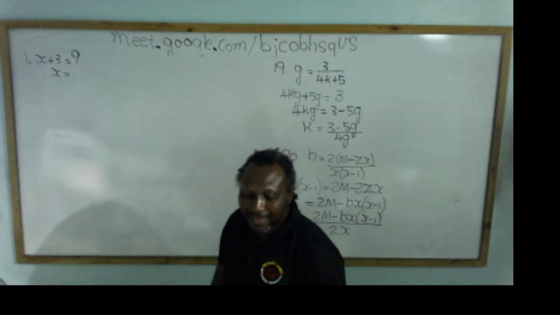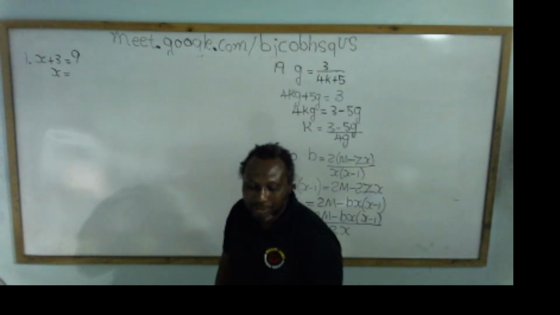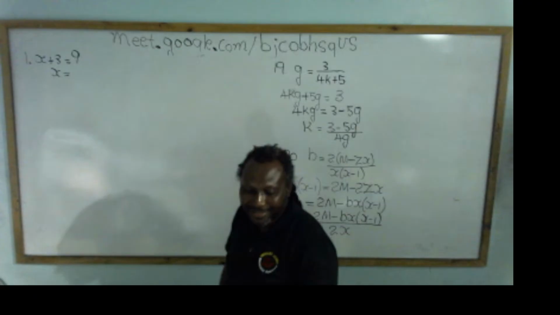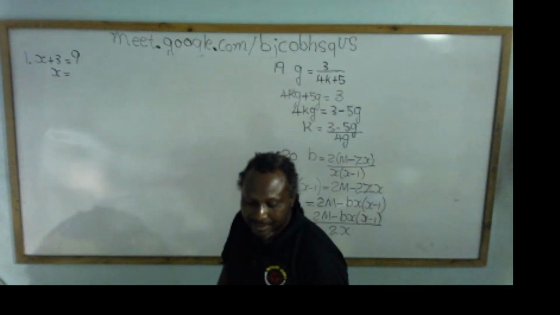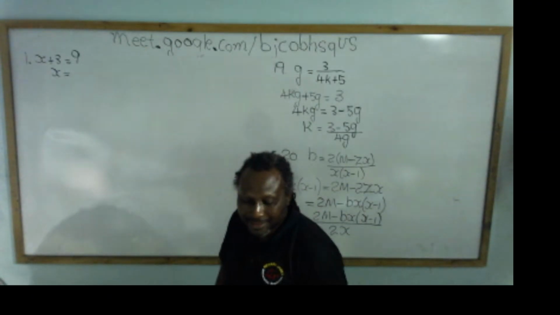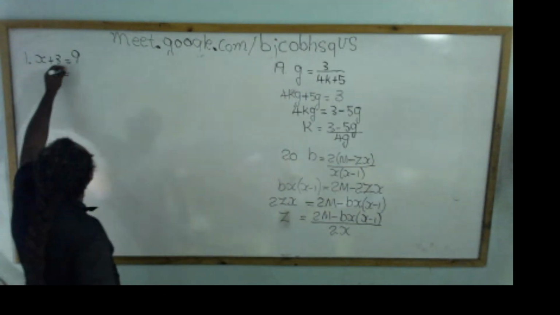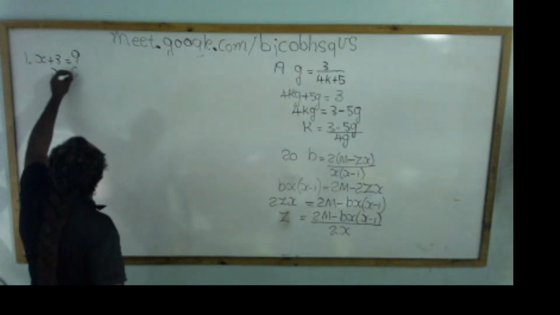All right, the 3 is added here, so we will subtract 3. 9 minus 3 is equal to 6. We are done.